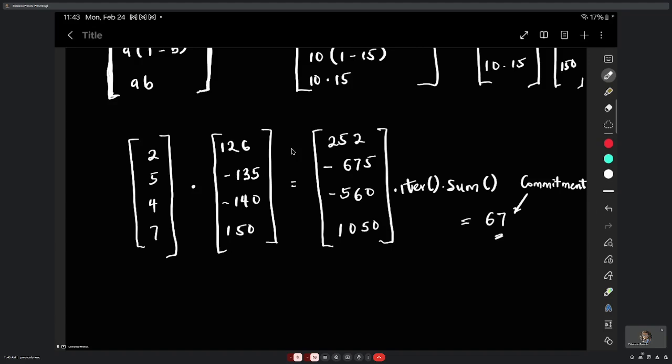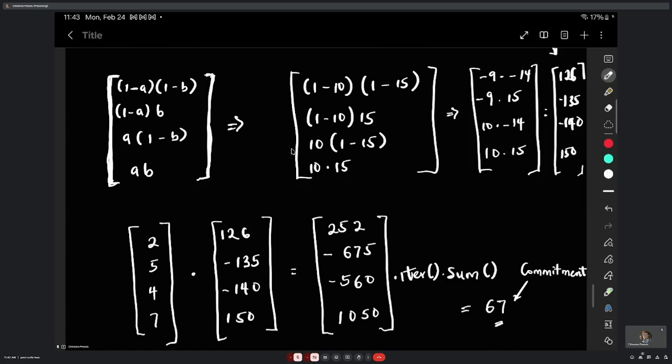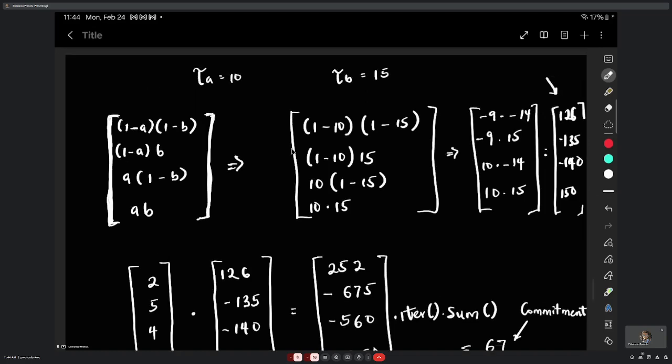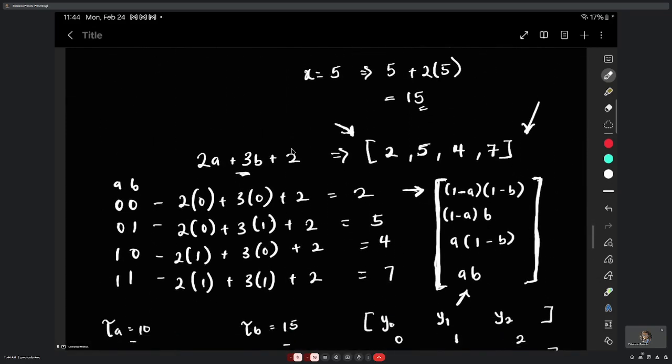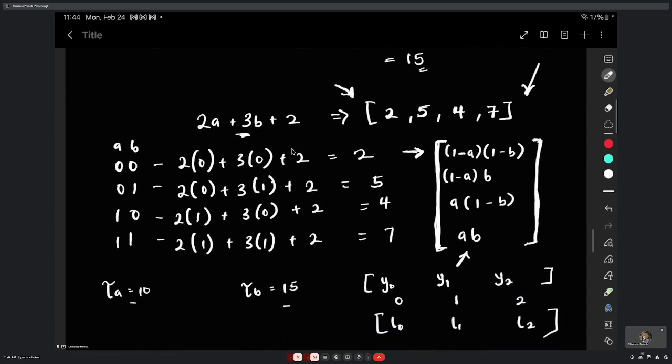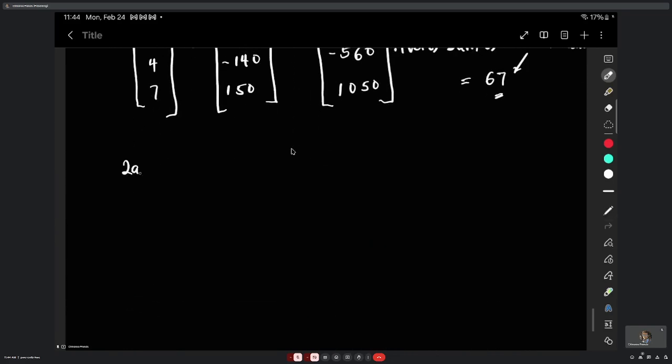Makes sense? So that is basically the evaluation of our polynomial at tau of A and tau of B. Should we confirm what was the polynomial? 2A plus 3B plus 2, which will be 2.